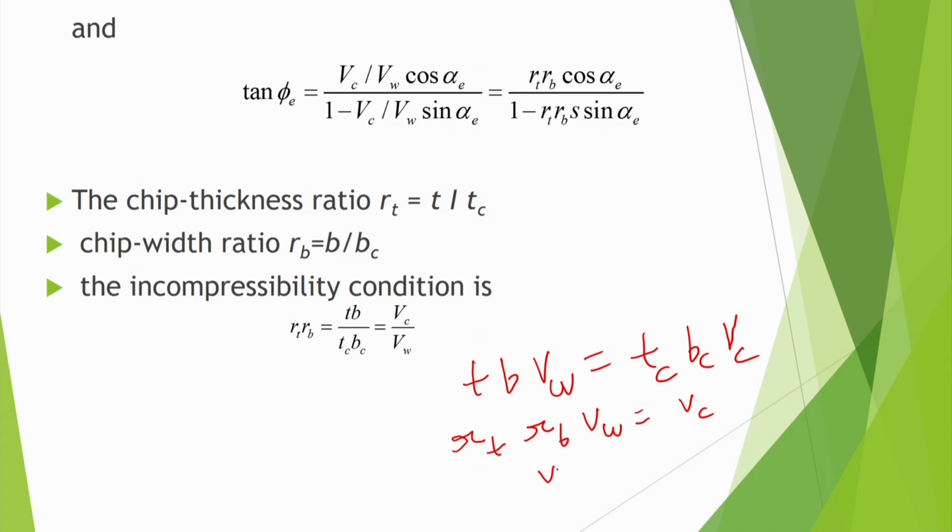Therefore Vc by Vw is equal to Rt Rb. So we put here Rt Rb cos alpha e divided by 1 minus Rt Rb sin alpha e. The sin alpha e has come extra, and the incompressibility condition is giving me this. So this relation you have also understood.